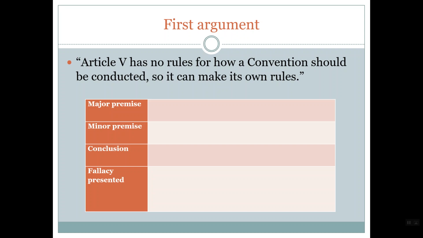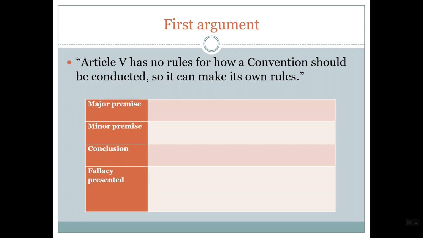What I direct the students to do at that point, either in groups or in pairs or individually in class, is to work through each of these 6 arguments and identify the major premise on which the argument is based, the minor premise, and the conclusion.